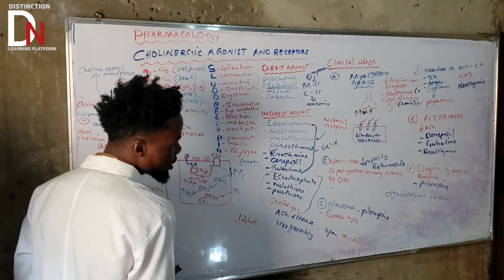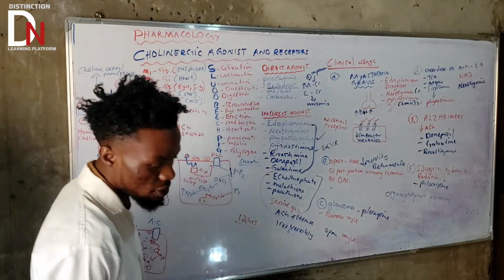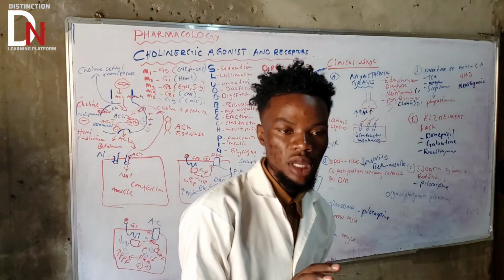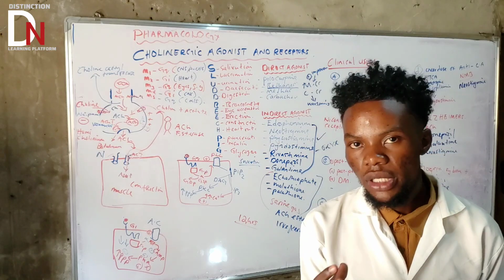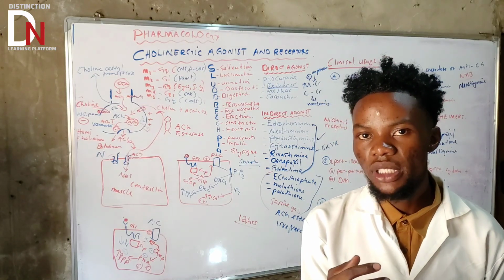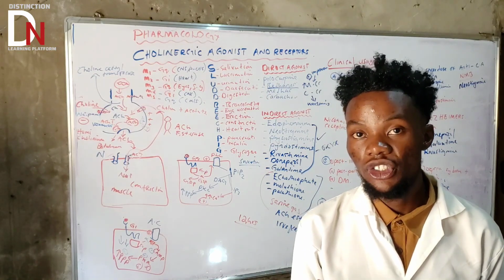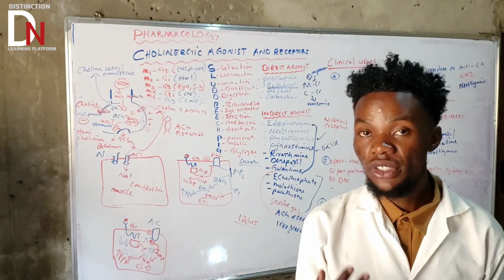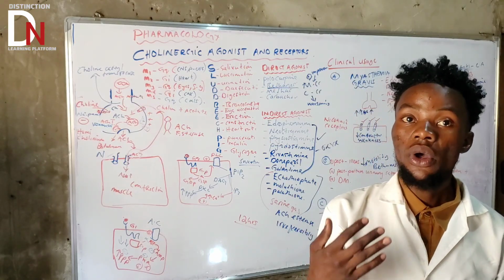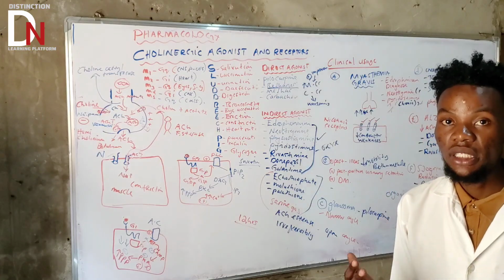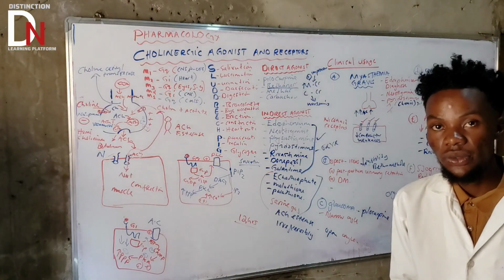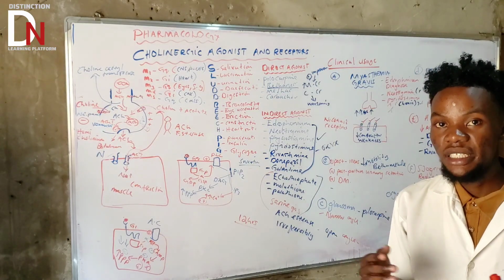The acetylcholinesterase enzyme is inhibited irreversibly, and it will undergo a process called aging. The moment aging happens, you can't reverse it. Even if you give an antidote, nothing is going to happen because aging has already happened.